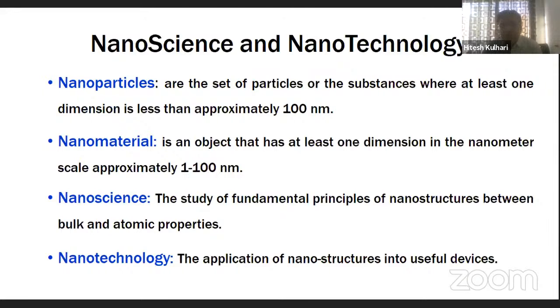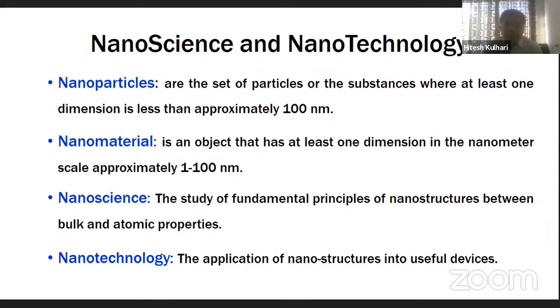To be effective as a nanoparticle, its size should lie between 1 to 100 nanometer. Nanoscience and nanotechnology relate to the nanoparticle, and we call a particle a nanoparticle if it has at least one dimension between 1 to 100 nanometer.